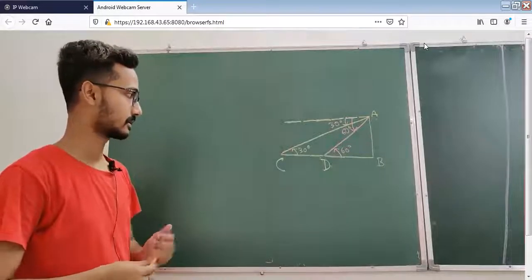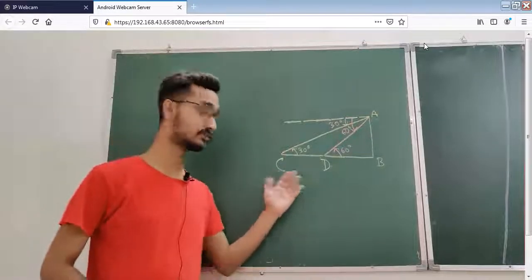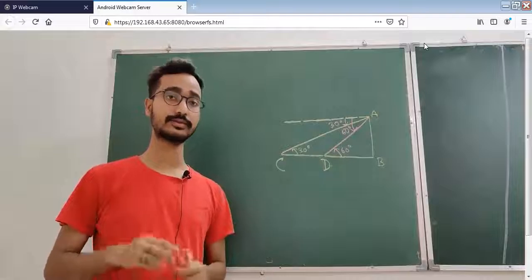Now see, the car is moving from point C to point D at some uniform speed, so we have to take some speed.